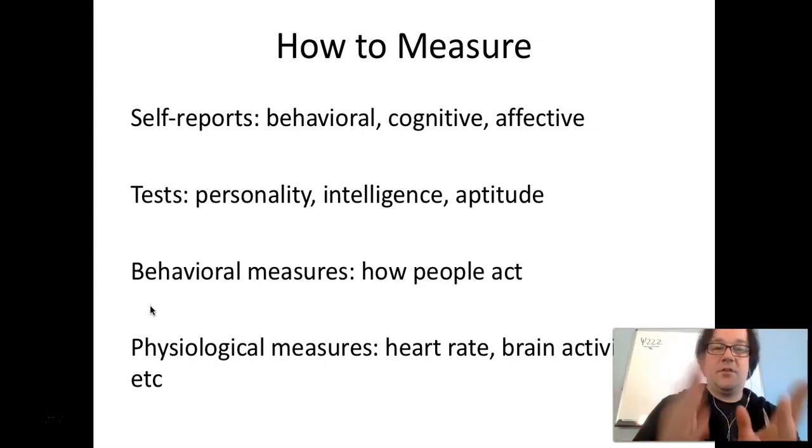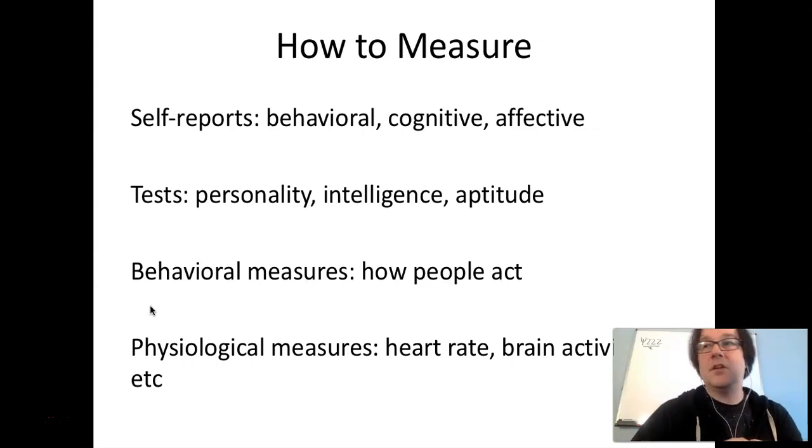We can certainly use behavioral measures. We can take a look at a person and see that they're crying and use that as a measurement of sadness. The only problem is people also cry when they're happy, right? Or when they're scared, or when they're excited, or when they're angry, or when they're nervous.